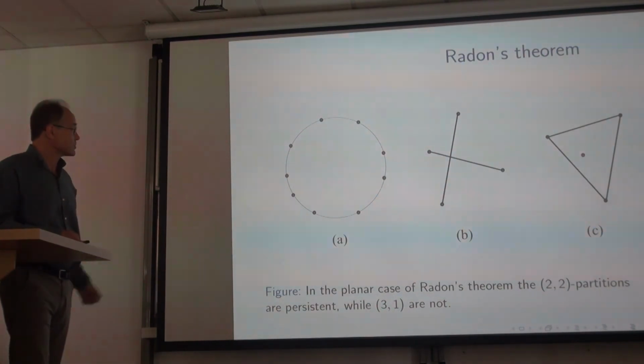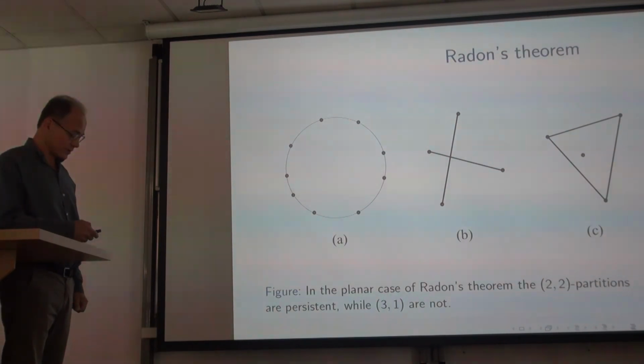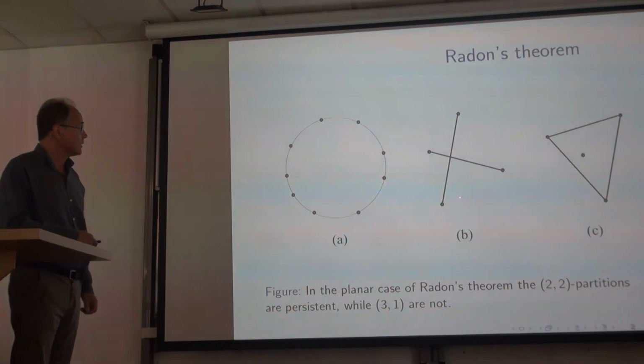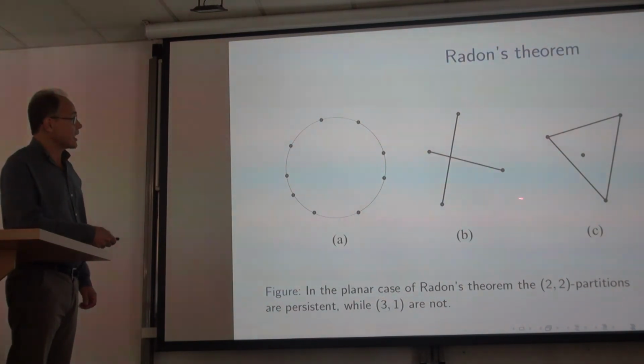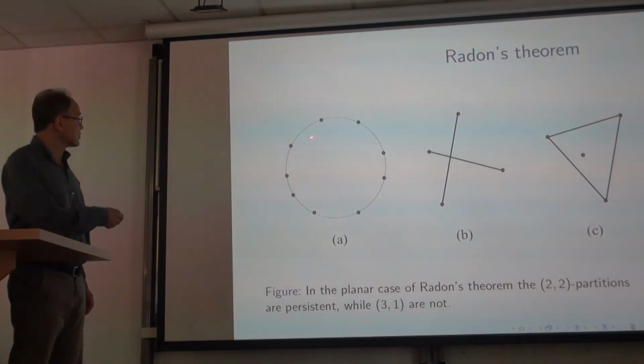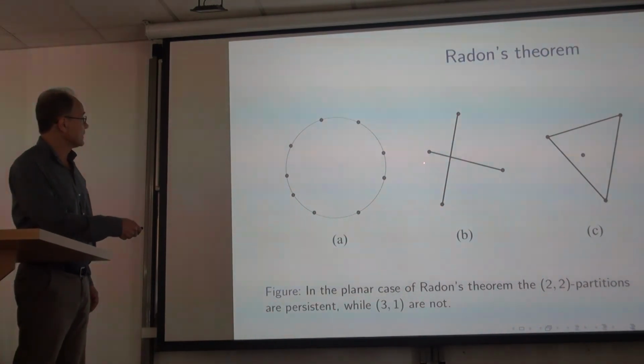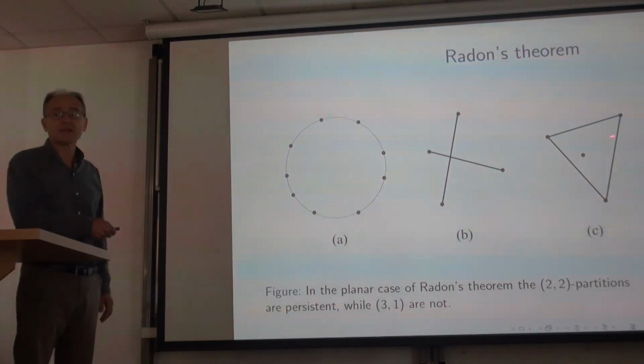Here, this is, of course, a familiar picture with Radon's theorem, but here I want to point out that not all Radon partitions are equal. Some of them are persistent. For example, in this convex position of points, you will always find this configuration, but this configuration is absent.